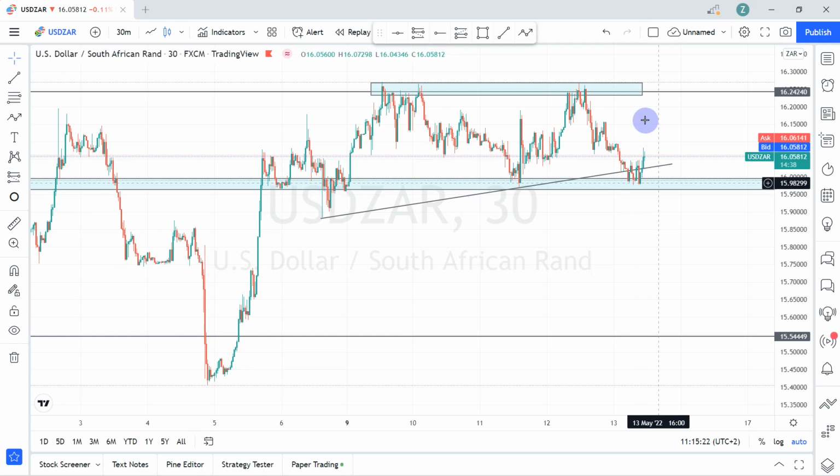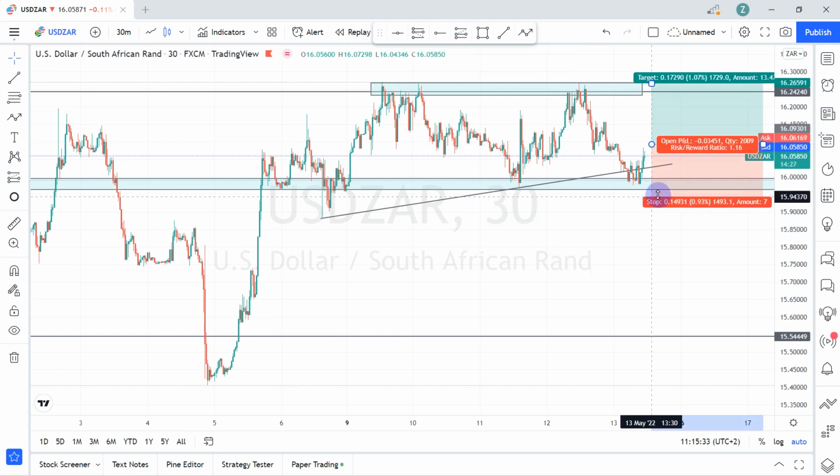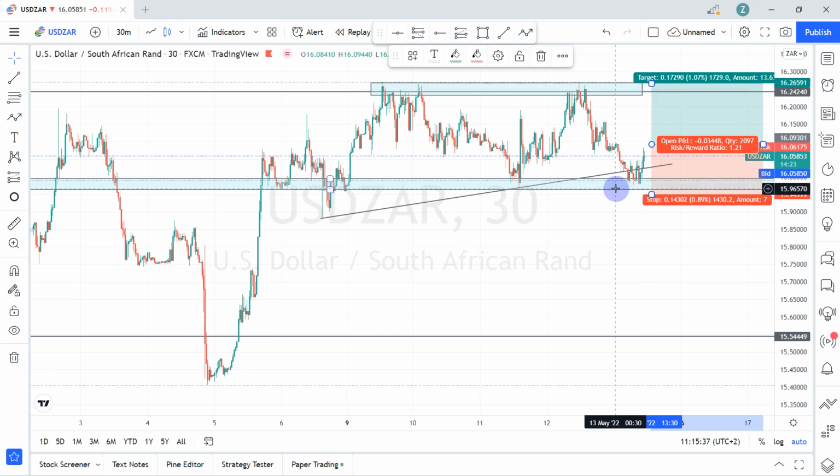So here, for buys, we can place our buy stop just above the weak rejection, with our stop loss possibly below our support zone. But as you can see, the risk to reward ratio is not good.